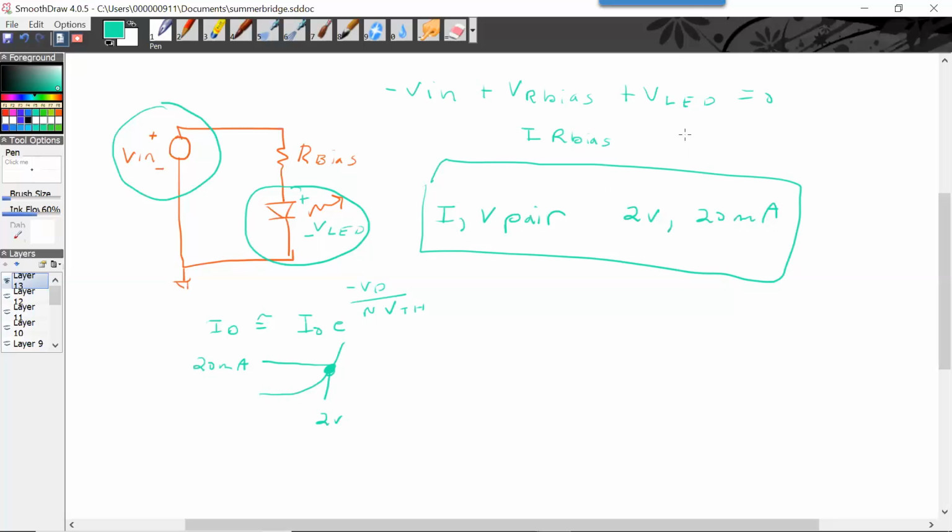This is going to be 2 volts, right? This is going to be 5 volts because we know that. But let's just rewrite it once. Vn minus I R bias plus V LED equals 0. The current, we want it to be 20 milliamps, so we know what it is. So we're going to solve for R bias, and I'm just going to do that.